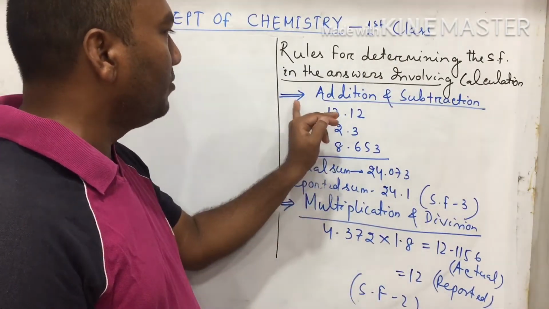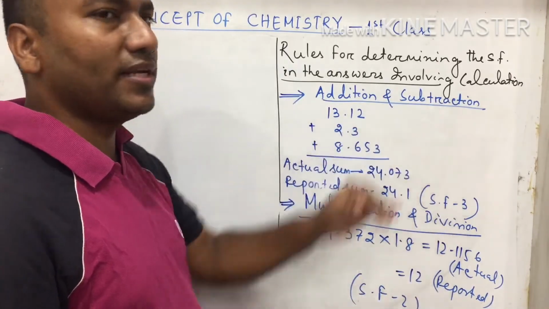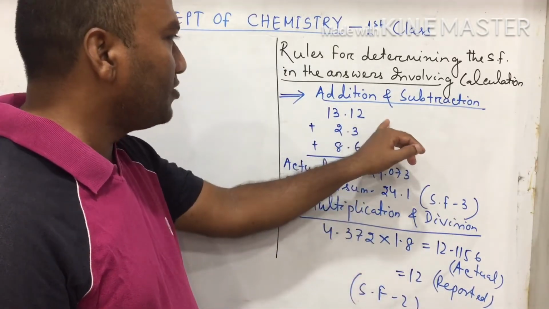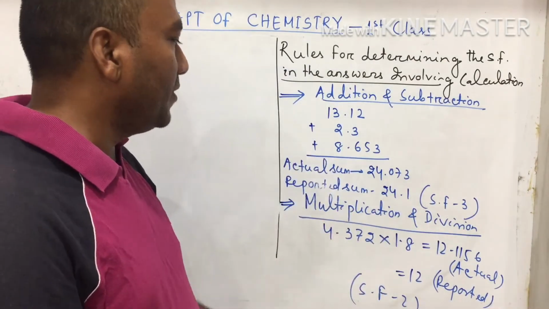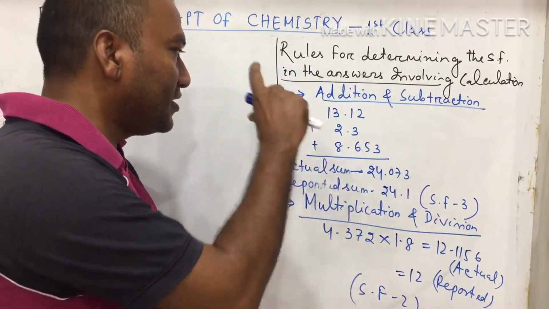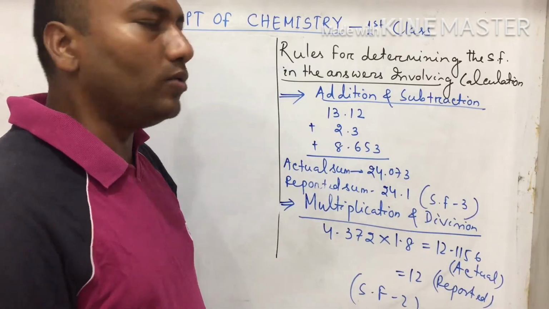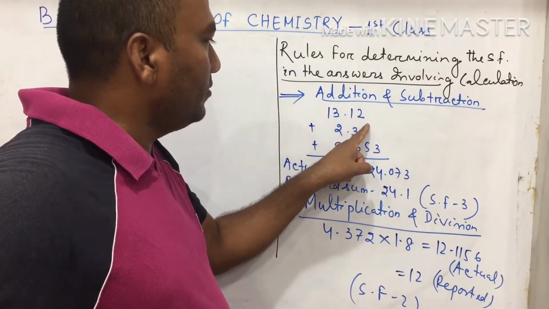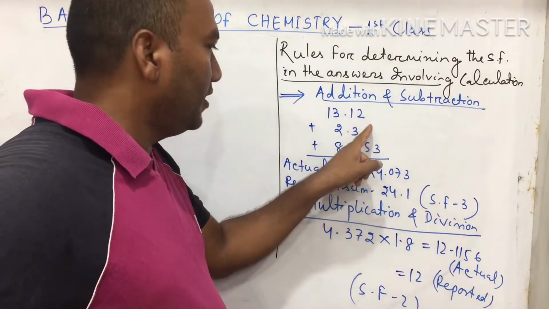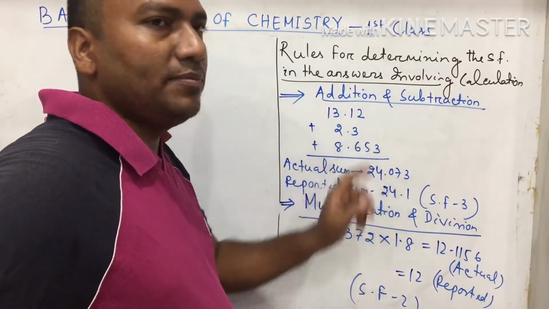Rule 1 is addition and subtraction. For addition and subtraction, how can we calculate the significant figure? Listen, first we will see the example, then we will go to the rule. Suppose here I have taken 13.12 plus 2.3 plus 8.653.